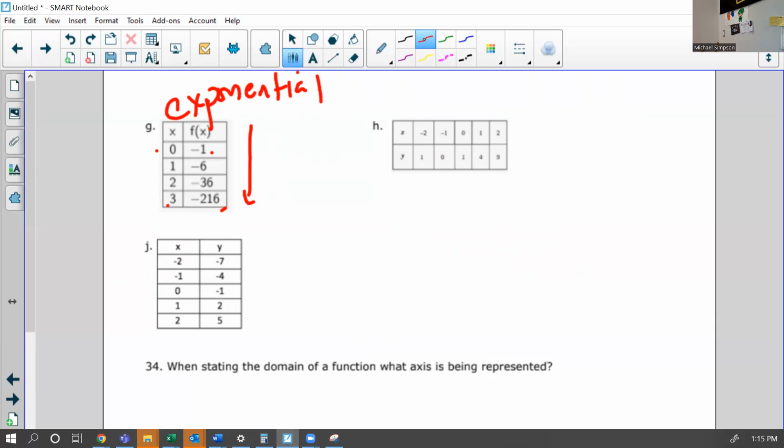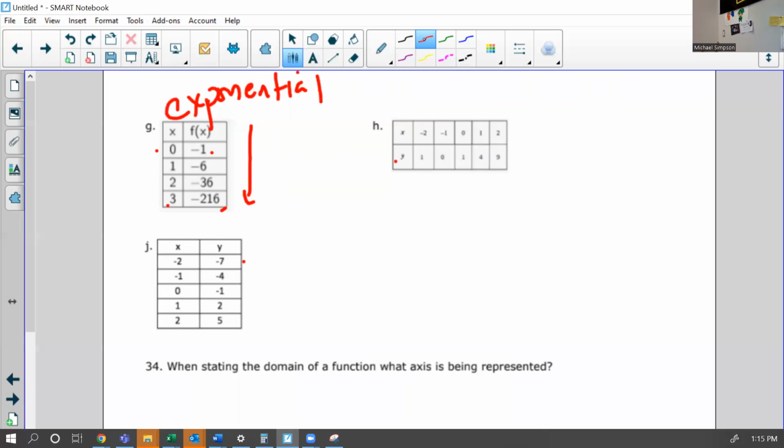Now, when we have tables, how do we know, right? How do we know if it's linear or quadratic? Well, we can tell this is not exponential because the y values are not increasing fast. So it's safe to assume that it is not exponential.